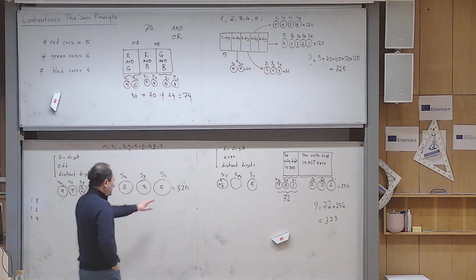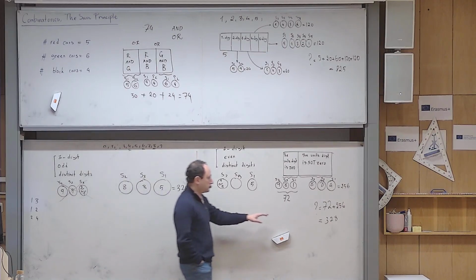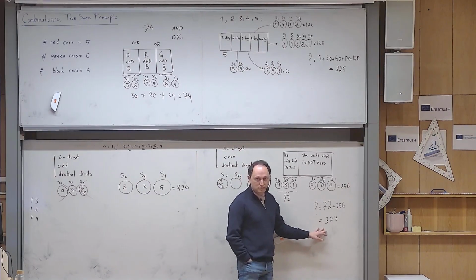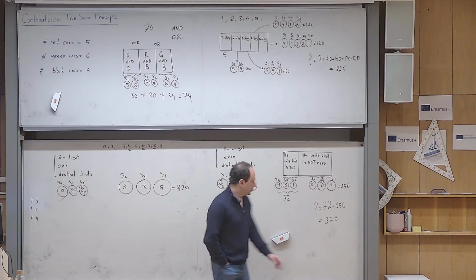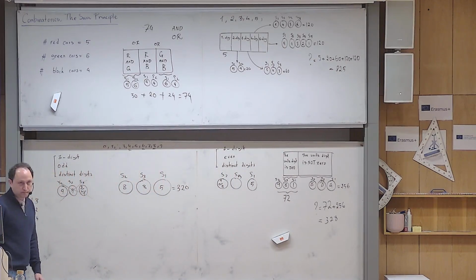Here is the total number of three-digit numbers without repetition but odd, and here is three-digit numbers without repetition but even. One of them is 328, and the other one is 320.